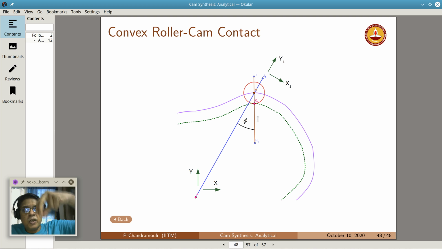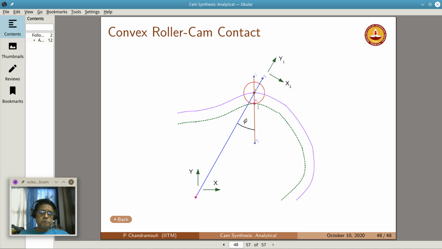Remember that this follower is going to slide on a bush, so there is a side thrust on the bush. Since it is F sine phi, I want phi to be as small as possible, because sine phi in 0 to pi by 2 increases as phi increases. So the side thrust on the follower increases, which is not a good thing because it can jam the follower in the bushing.